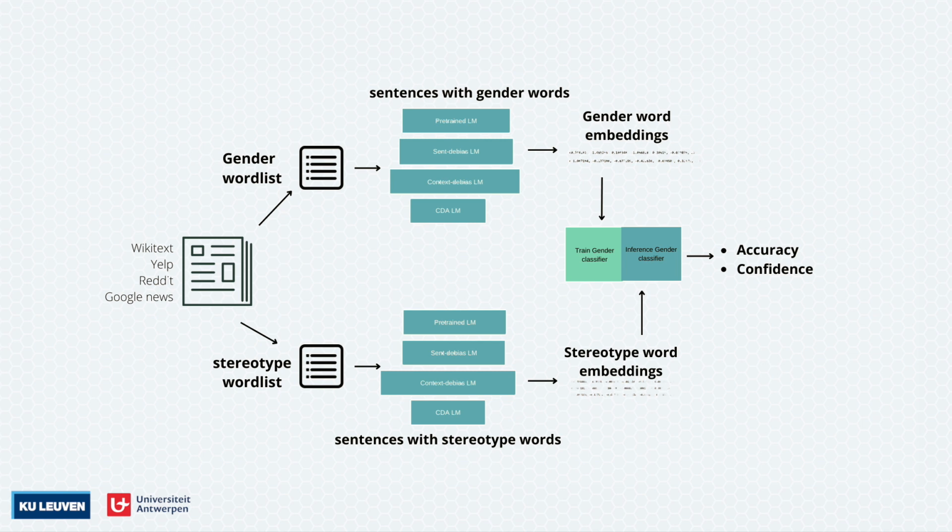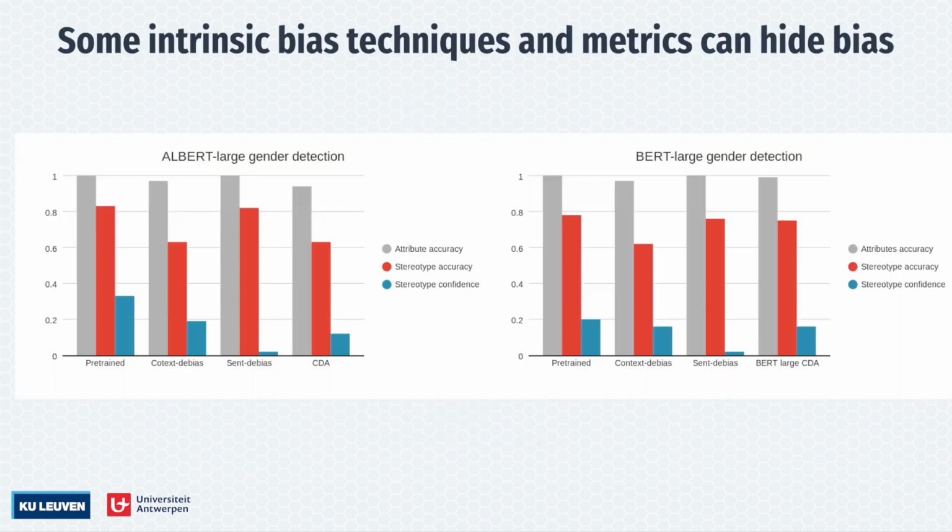The embeddings of gender words are then used to train a gender classifier to detect the association of words to certain gender groups. We use this trained classifier to detect the presence of gender in stereotype words, and we do this detection using two criteria: the accuracy of predictions and confidence.